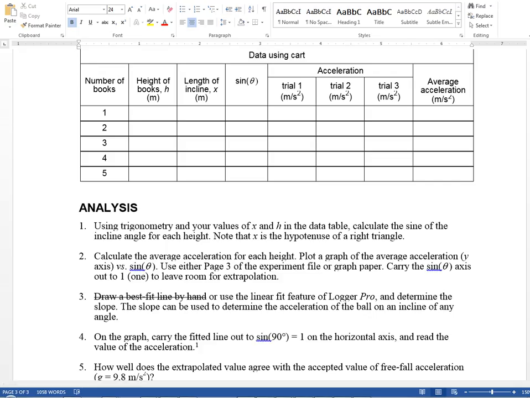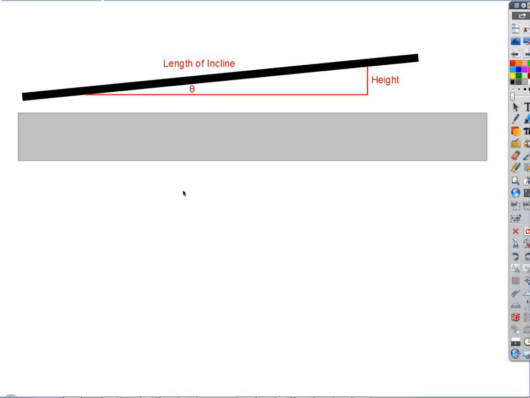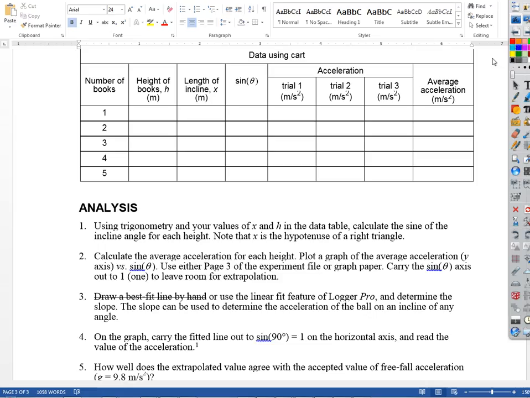If we go back and look, if that's the angle theta, by SOHCAHTOA, what is sine theta equal to? Okay, yes, opposite over hypotenuse. So that's going to be the measurement of the height divided by the length, right? Is that actually sine theta? No, it is. That is literally sine theta. Sine theta is equal to that ratio.